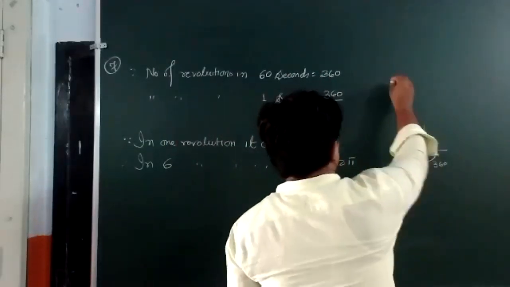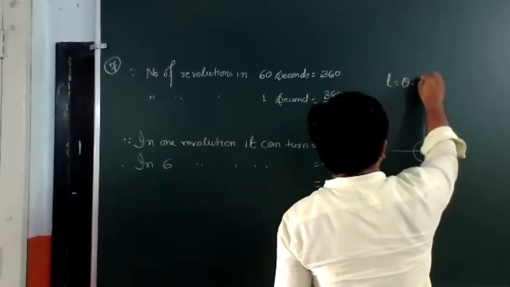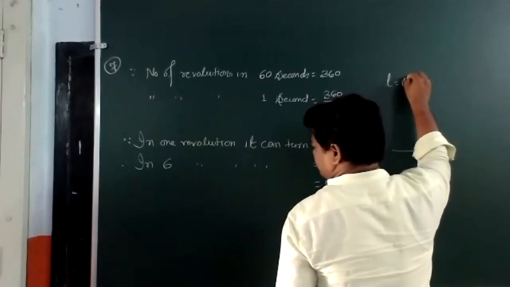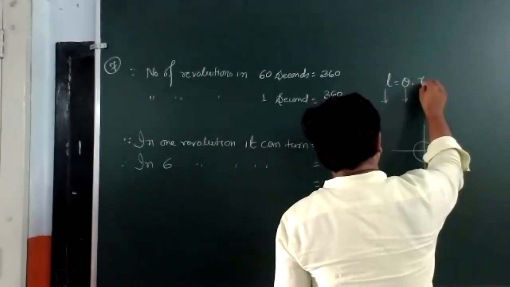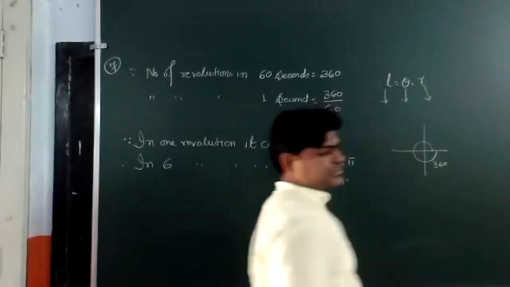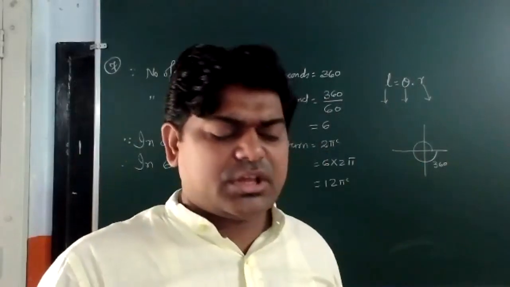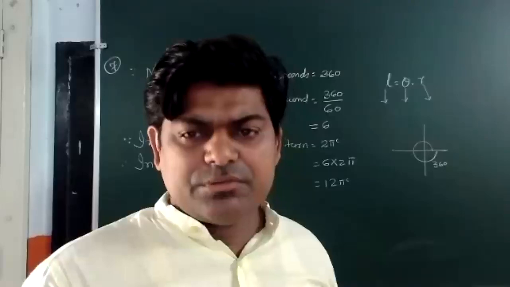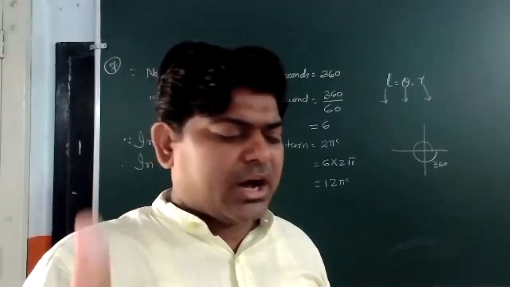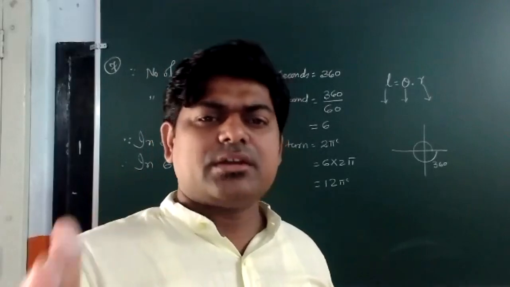Today we learned that L is equal to theta into r, where theta should be in radian, L is arc length, theta is angle, and r is radius. Now, by using this formula, can we solve question number 8, 9, 10? Easily we can.